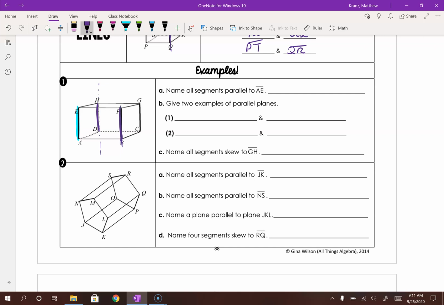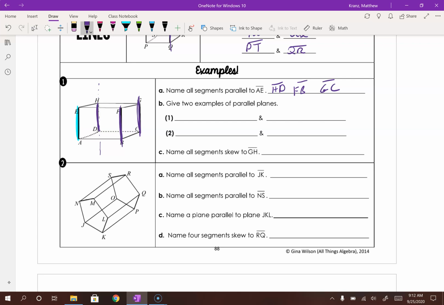And FB would be another. Are there any others? Well, you have CG as well. So that would be HD, FB, and GC. Those are all examples of segments that are parallel to AE.